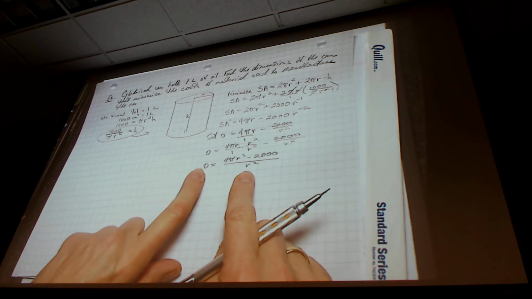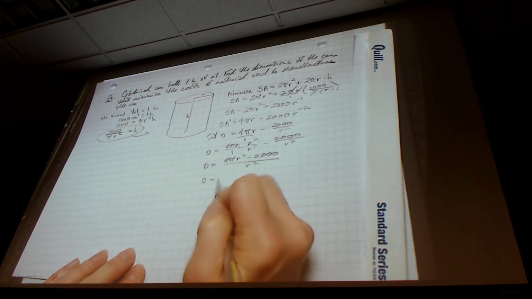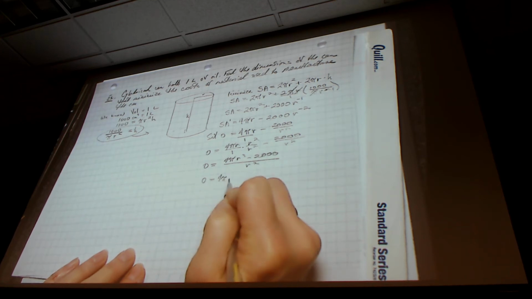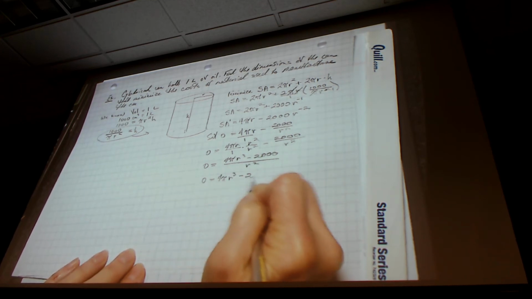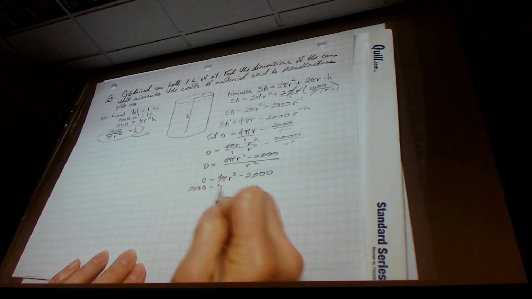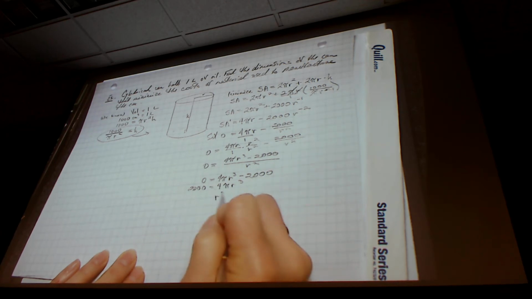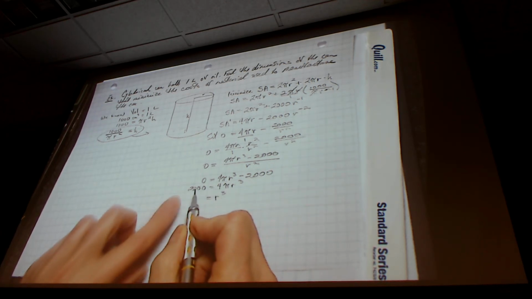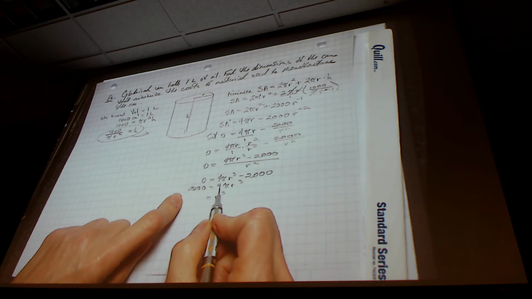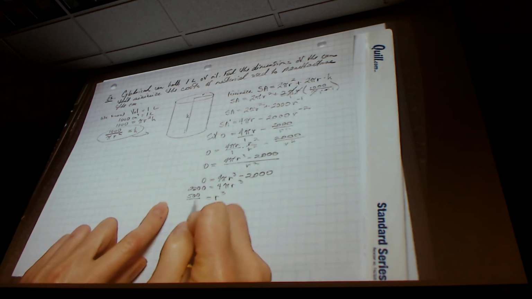And 0 times it is still 0. So I now know that 0 is 4 pi r cubed minus 2,000. So 2,000 is 4 pi r cubed. So r cubed is, well, 2,000 divided by 4 is 500, isn't it? Yes. But I still have to divide by pi.